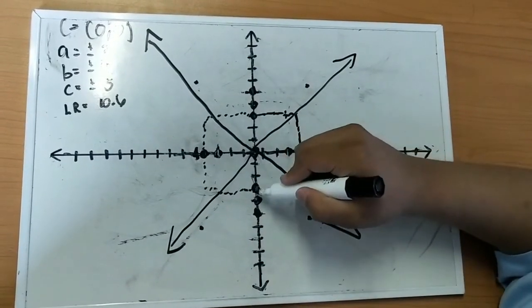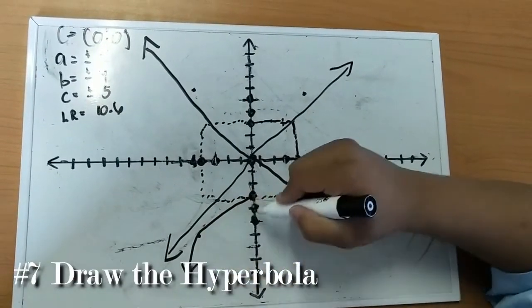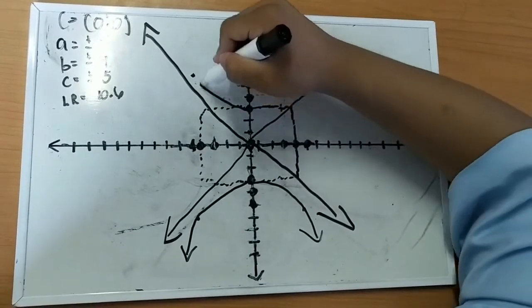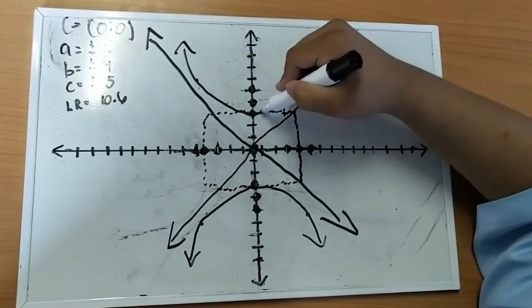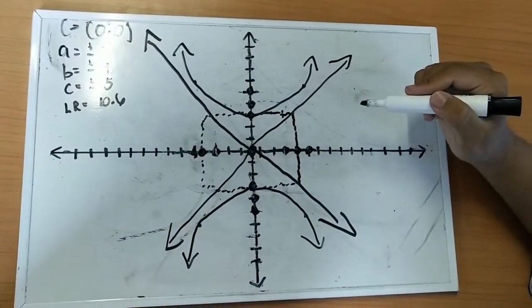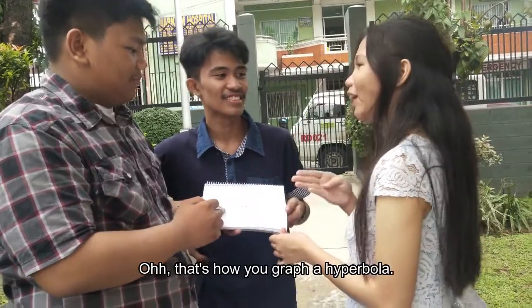And then we're going to draw the hyperbola. And that is how you graph a vertical hyperbola. That's how you graph a hyperbola.